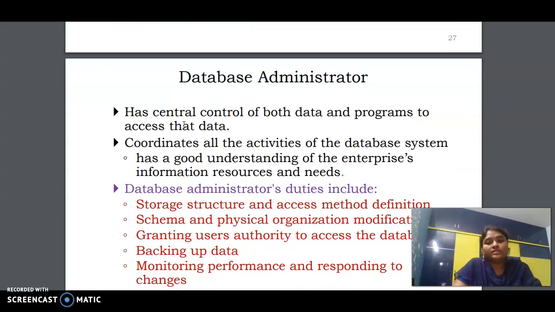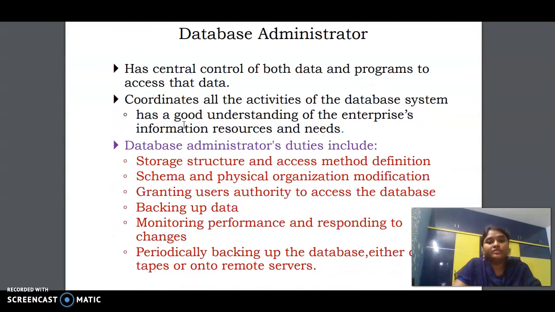Out of all the types of users, one main user is the database administrator. He is one of the most important persons, and there are many questions in the exam also. What are the duties performed by the database administrator will be an important question for you. So from the beginning to the end, the database administrator plays the main role.